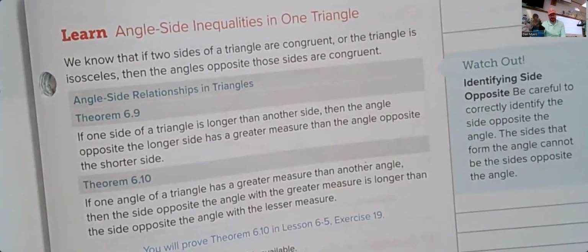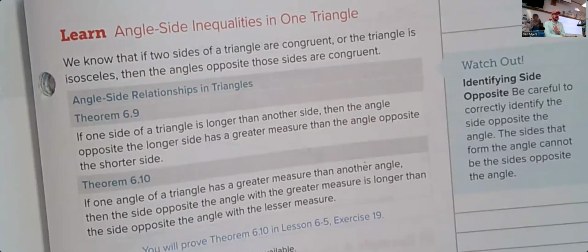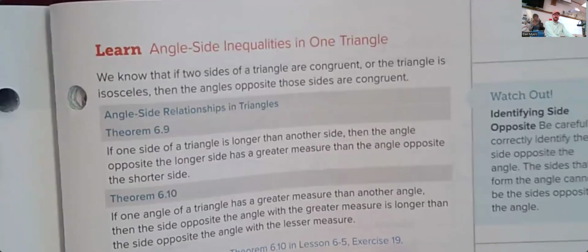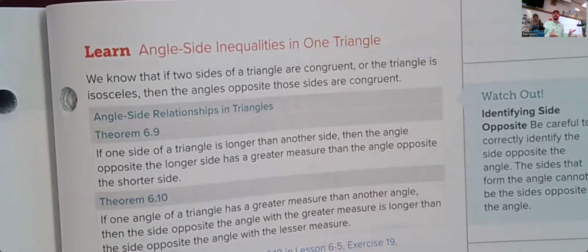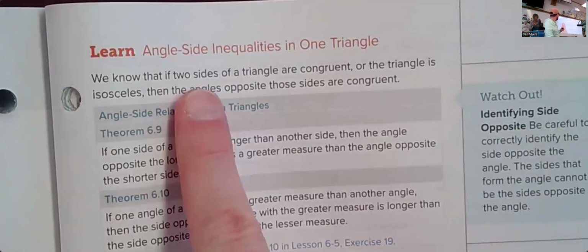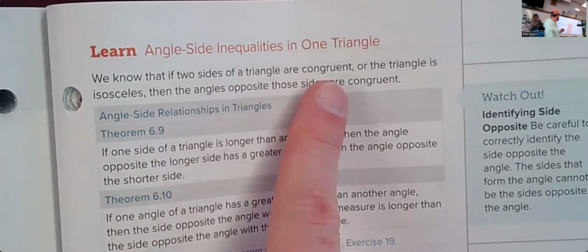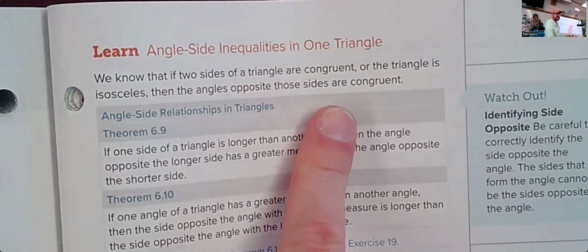So let's see, angle side inequalities. Now, in my mind, this second half of the lesson is easier than the part we just did, because we get some numbers and it goes back to what I was talking about on the warm-up. So we know that if two sides of a triangle are congruent, then the triangle is isosceles, which makes the angles opposite those sides also congruent, right?